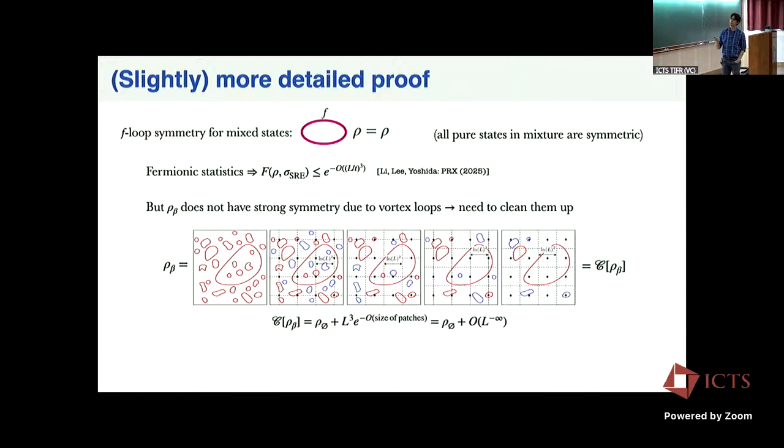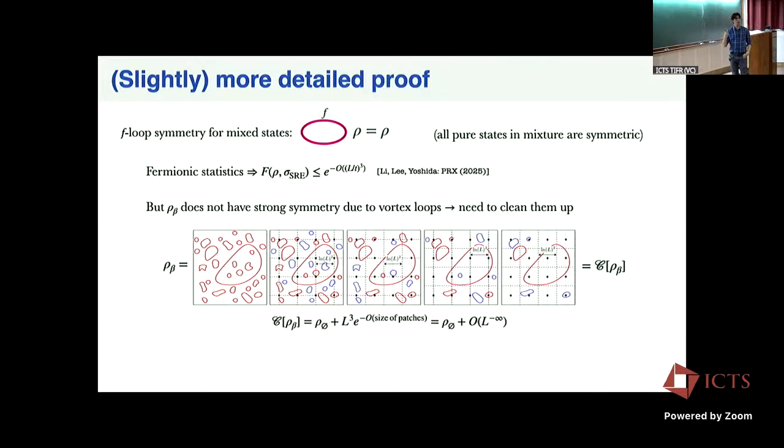Then in each patch, if you have a loop that's entirely within the patch, you know how to get rid of it. Like if you know what's inside and outside, you can contract it to 0 and get rid of it. And then you can do this, moving these patches around, in 4 steps. At the end of that, you get rid of all loops, except those that are larger than the size of these patches, that stretch through multiple patches, which you don't remove.